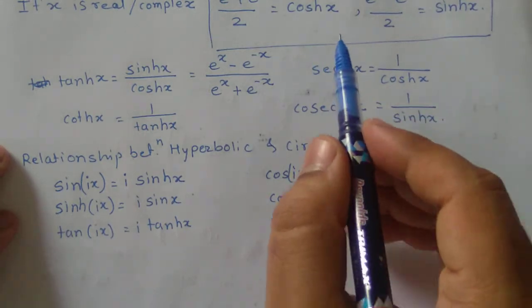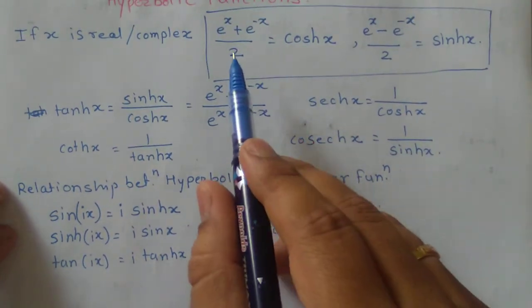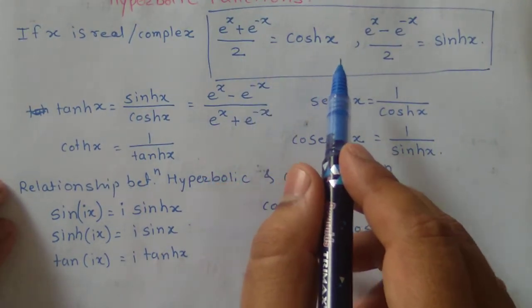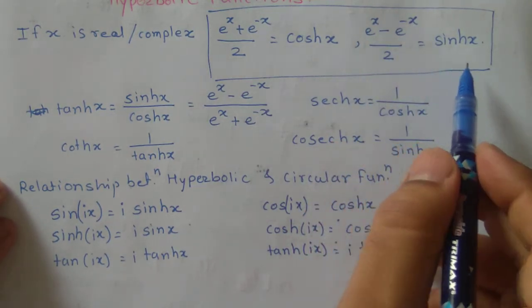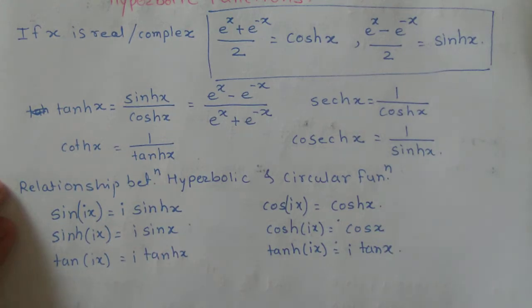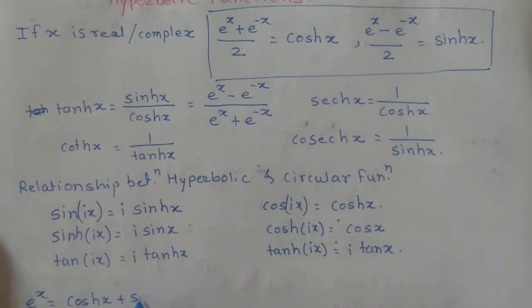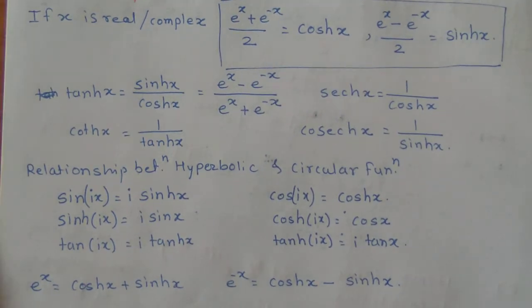Now, from these two rules, that is (e^x + e^-x)/2 is equal to hyperbolic cos x, and (e^x - e^-x)/2 is equal to hyperbolic sin x, one can write this as e^x is equal to hyperbolic cos x plus hyperbolic sin x, and e^-x is equal to hyperbolic cos x minus hyperbolic sin x.